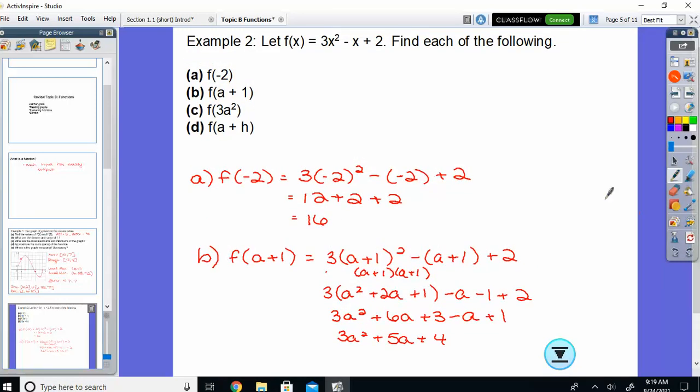Why don't you guys try the next two? F of 3a squared and f of a plus h. See if you can evaluate this.